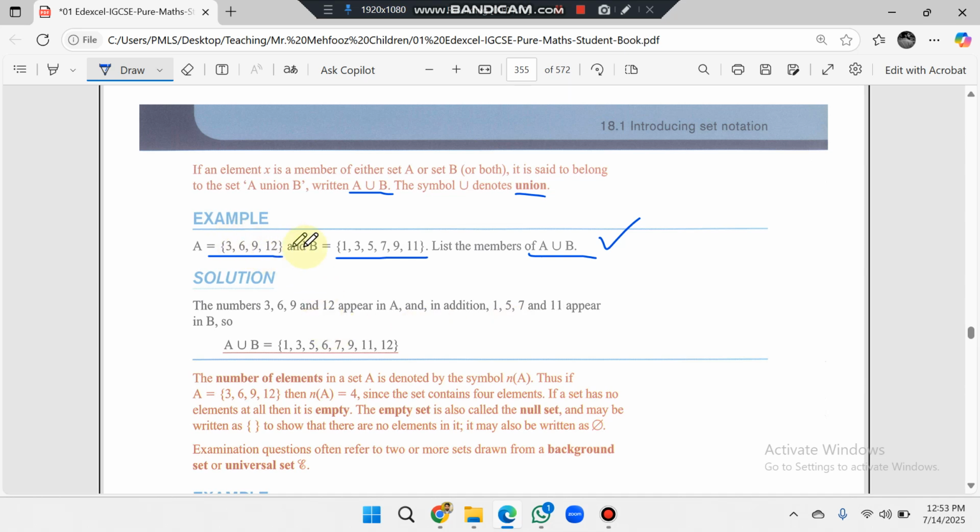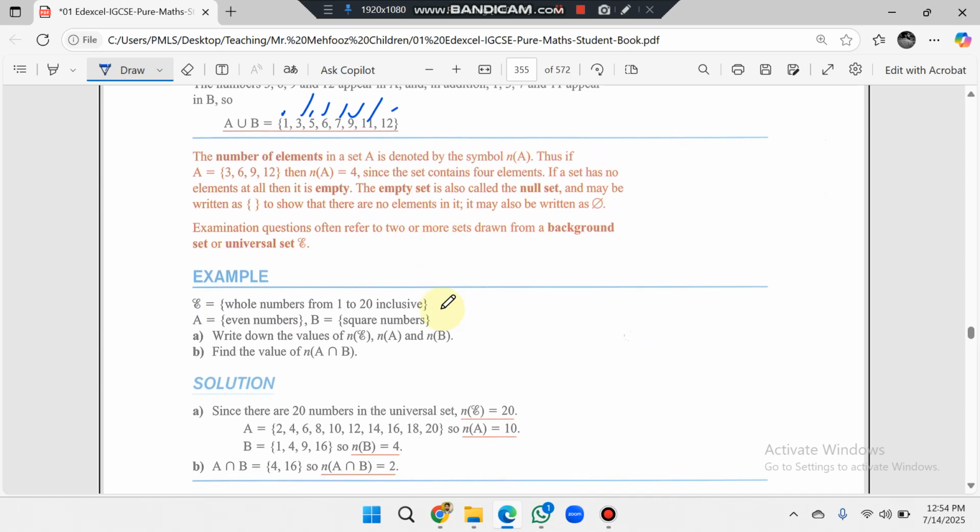So 1 is included, 3 is included, 5 is included, 6 is included, 7 is included, 8 is not included, 9 is there 2 times, so it is written as 1 time, 11 is written, 12 is written. So we write both sets' elements, but the repeated elements are written once, right?